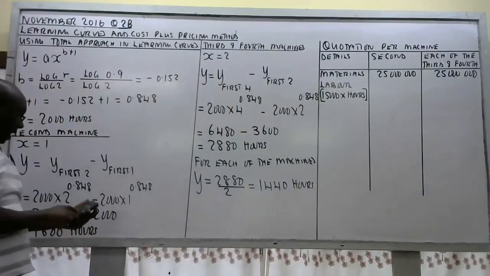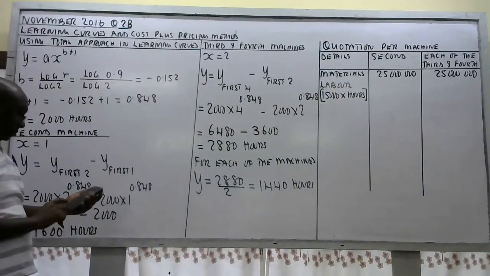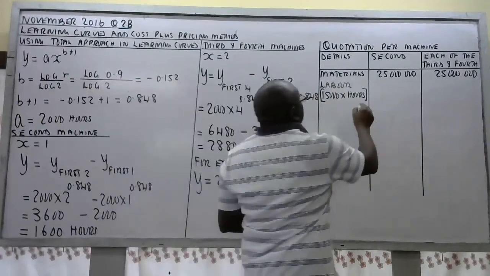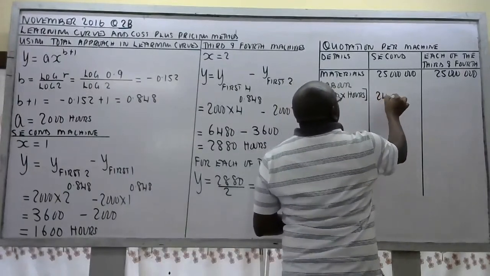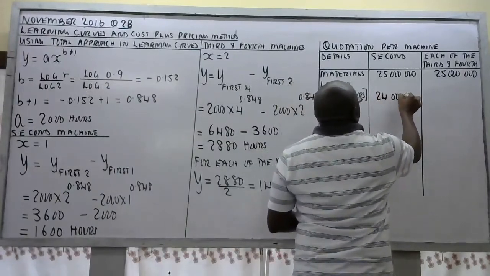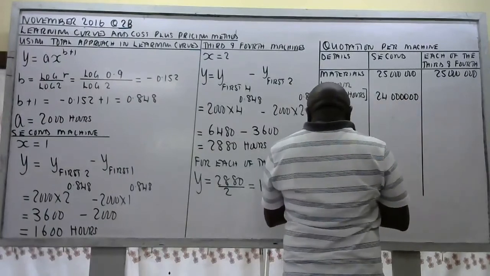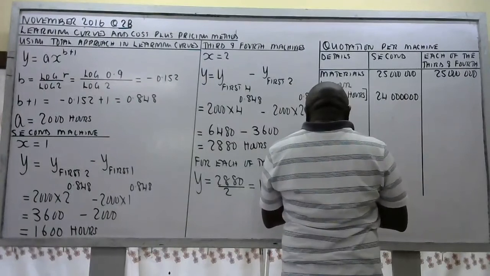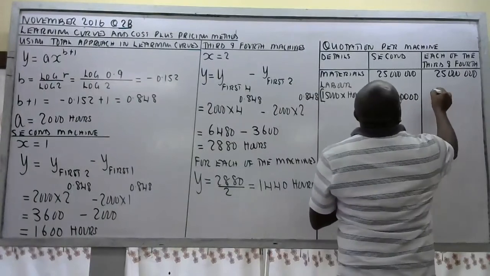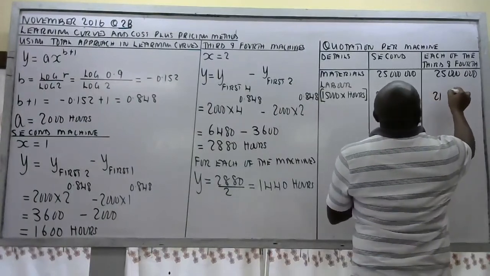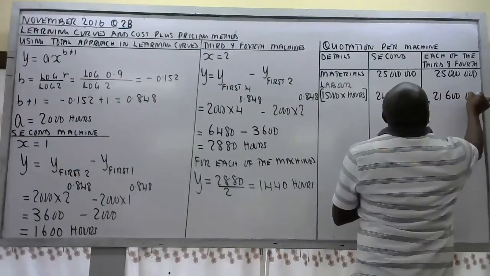So coming here you say 1600 times 15,000. That gives me 24 million. Then 15,000 times 1440 is 21,600,000.